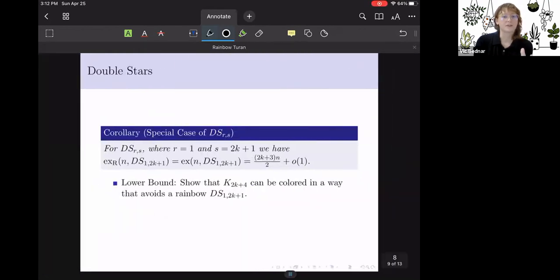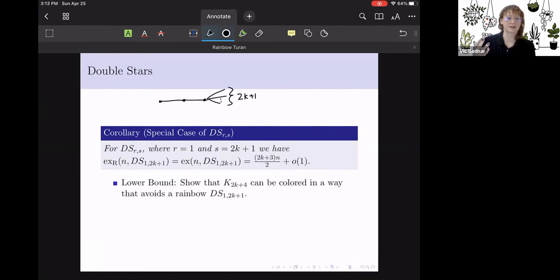Here's a special case of double stars where we do actually know the exact rainbow Turán number for them. These are double stars with 1 leaf on one side and an odd number of leaves on the other. The lower bound comes from construction. So we have our K_{k} to K_{k+4}, so it's an even complete graph.